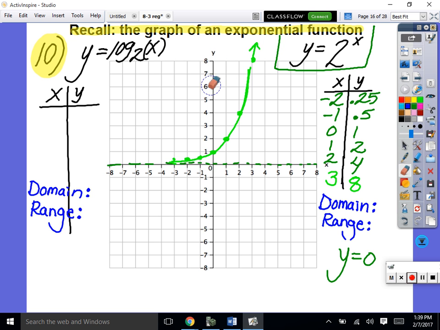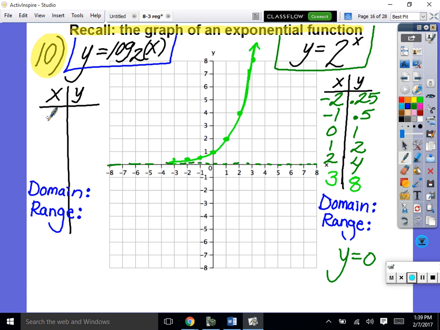So now, how do we find the inverse of a bunch of xy points? Can anyone remember? Yeah. Good. Way to remember, Luis. Can't we just switch x and y? Yeah. So the inverse of y is equal to 2 to the x would be log the base 2 of both sides. So our inverse is y is equal to log the base 2 of x. So let's switch those xy points and then we'll have our graph.